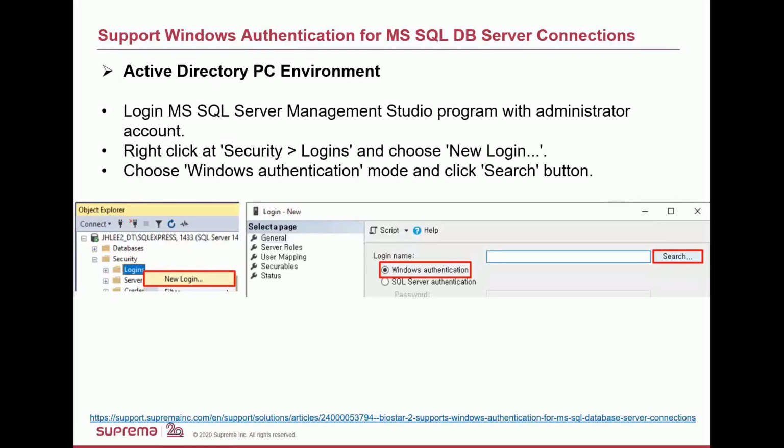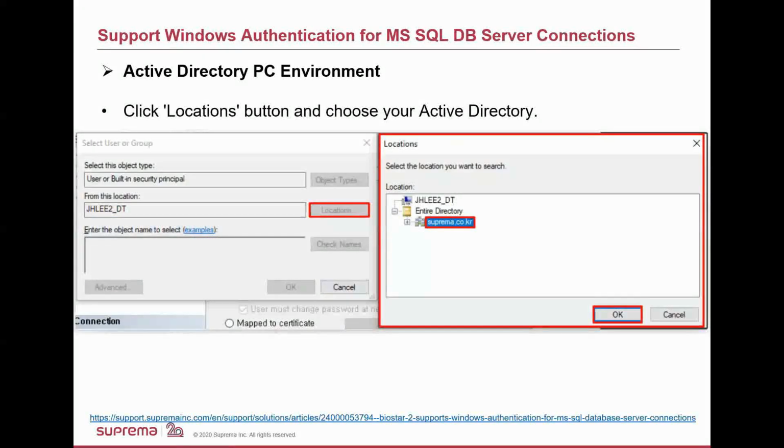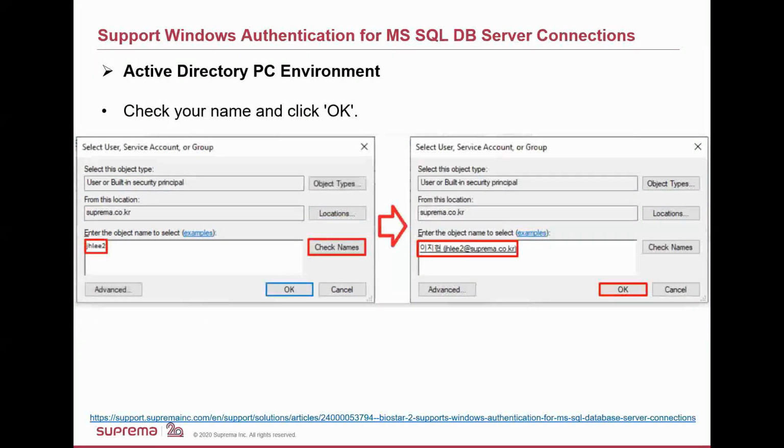1. Log in to the MS SQL Server Management Studio program with an administrator account. 2. Right-click Security, Login, and choose New Login. 3. Choose Windows Authentication Mode and click the Search button. 4. Click the Locations button and choose your Active Directory. 5.